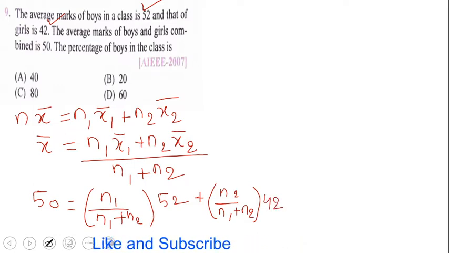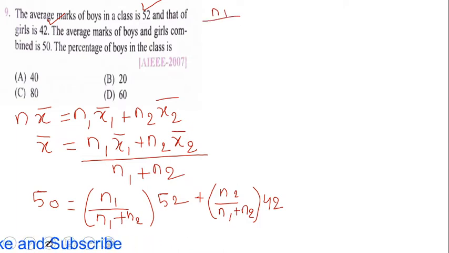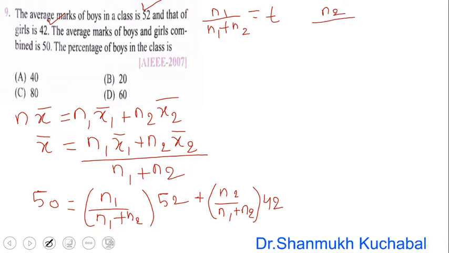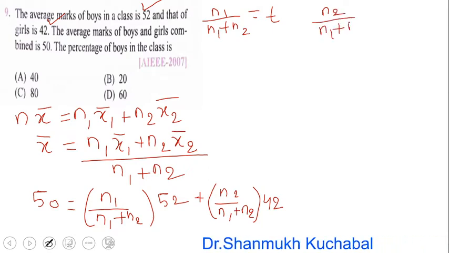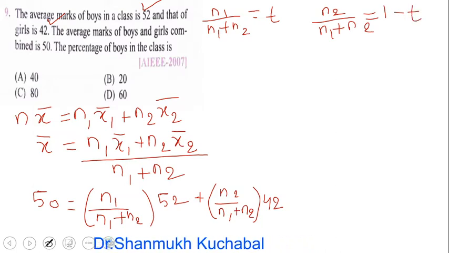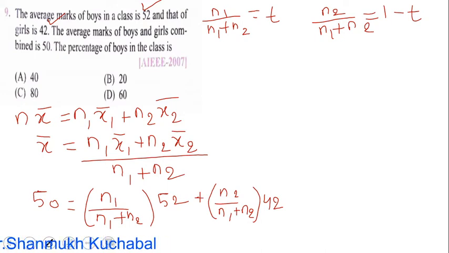So we will take n1 divided by n1 plus n2 as a new variable t, and n2 divided by n1 plus n2 as a new variable, 1 minus t. So we have to substitute in the previous step equation.